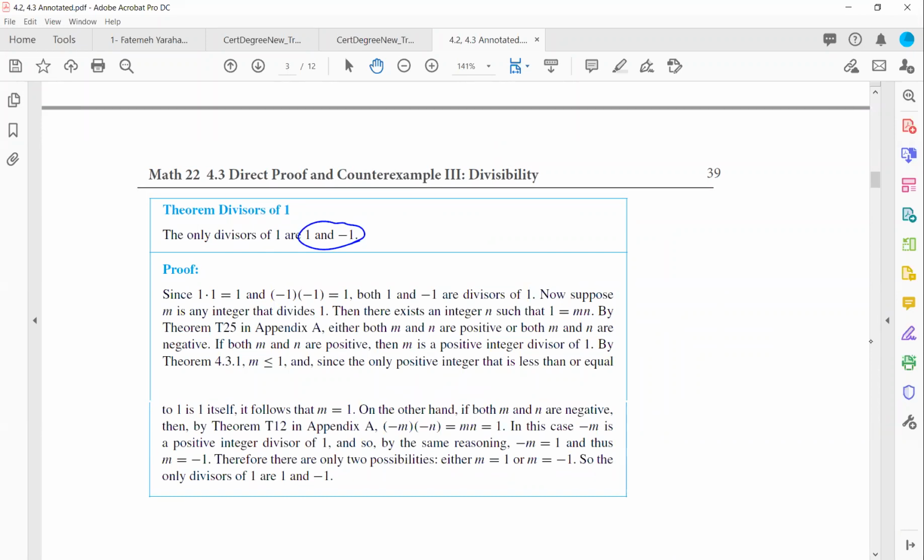We know that. We have already seen this in algebra. Now, suppose you can find other integers m and n such that their product is equal to 1. First of all, both of m and n are either positive or both of them are negative.